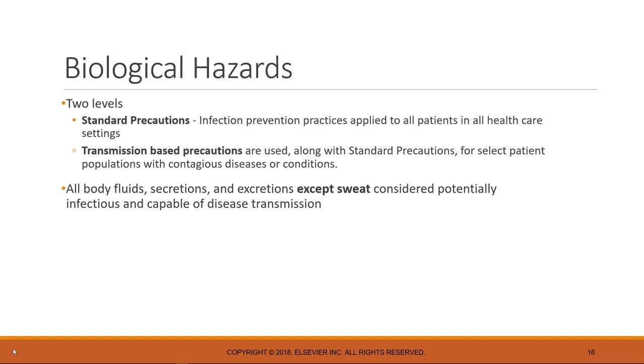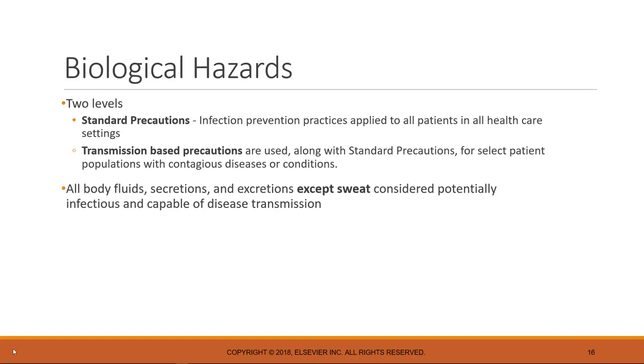There are two levels of precautions that are followed in healthcare. The first is standard precautions. These are infection practices that are applied to all patients in all healthcare settings, regardless of their diagnosis. Standard precautions usually mandates the use of gloves.